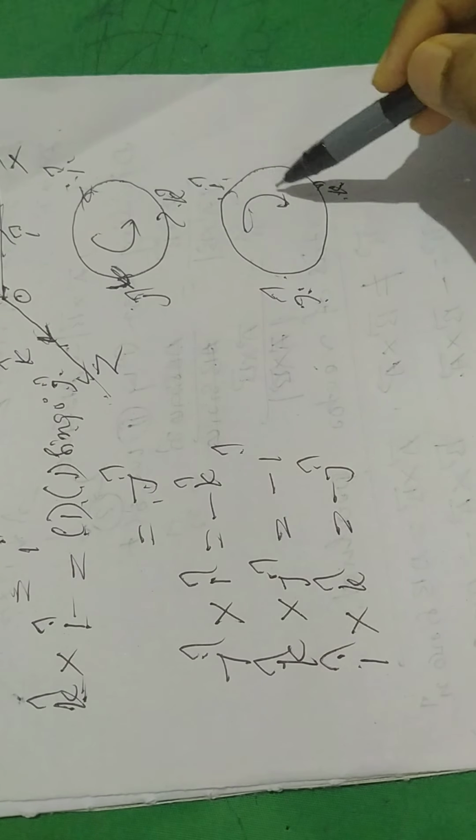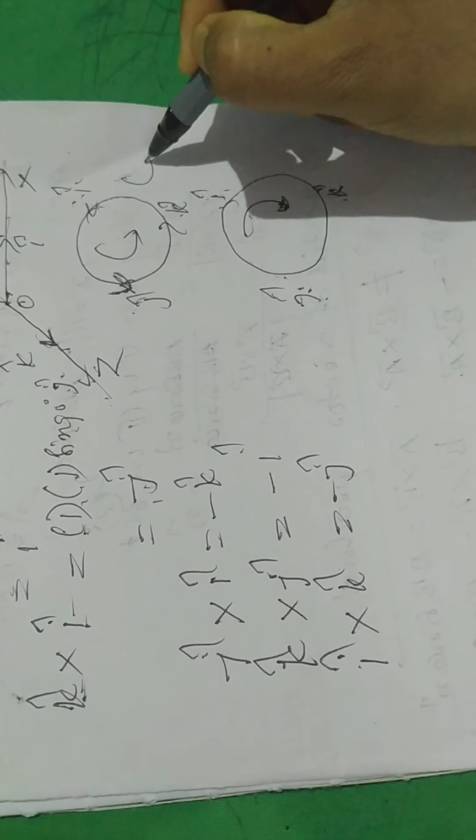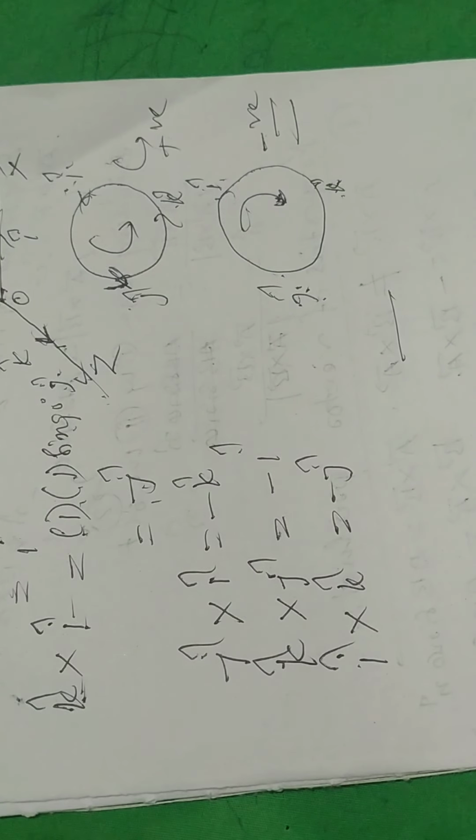Here you see, we are taking anti-clockwise positive, then clockwise will be negative.